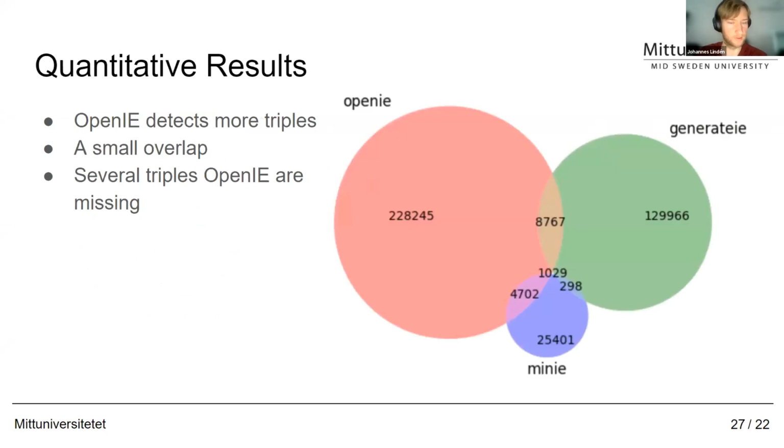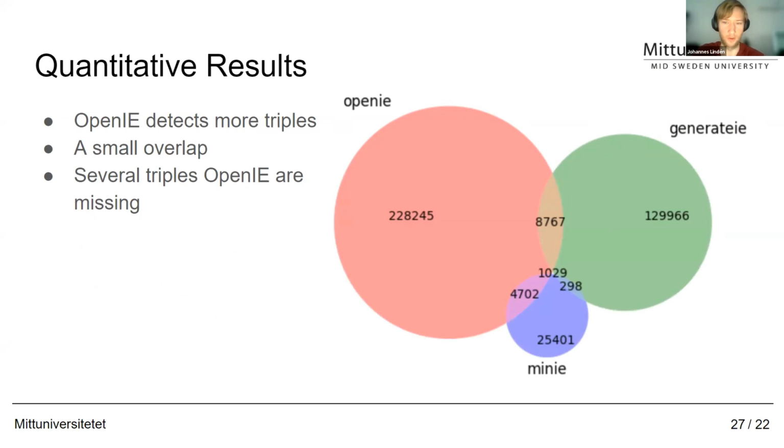So the quantitative results look like this. OpenIE is the huge red blob, which detects the absolute most triples, and GenerateIE, the name of our approach, detects a bit more than MinIE, but still not as much as OpenIE.